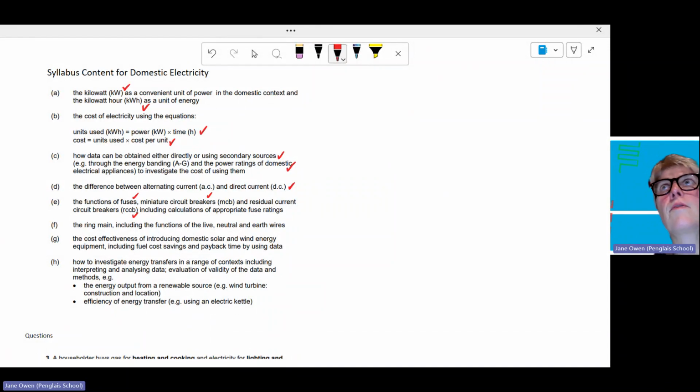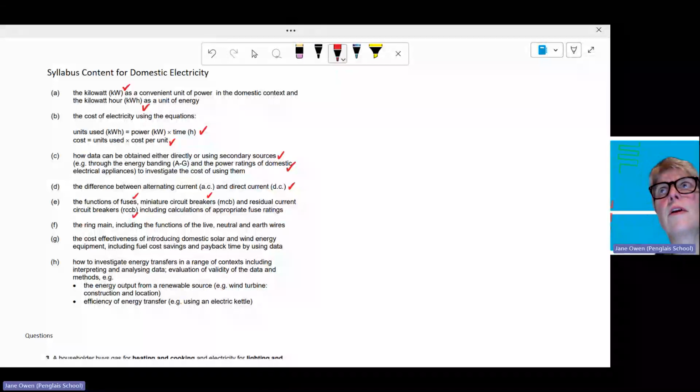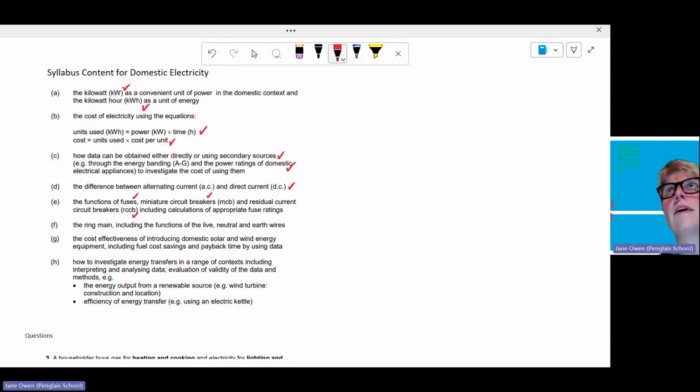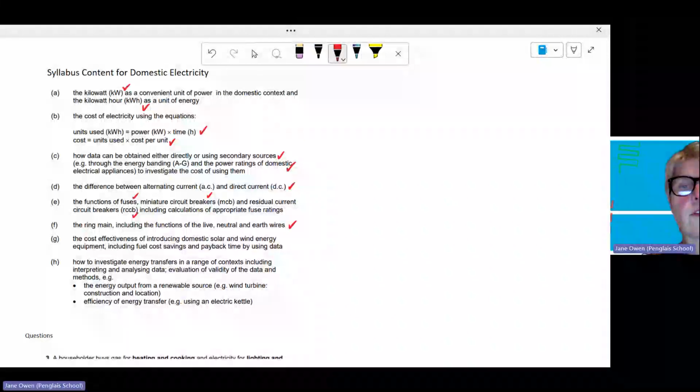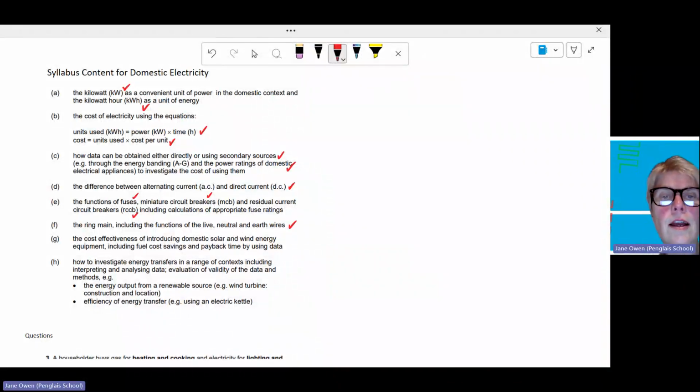And it's also mitigating against any short circuits that could render the device live, so preventing shocks to you by incorporating the earth wire, fuses, and the circuit breakers. We've looked at the ring main and the uses and functions of the live, neutral and earth wires. And we've looked at the solar and wind energy equipment.